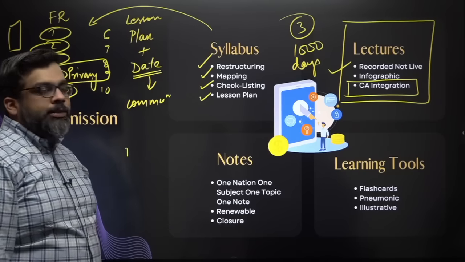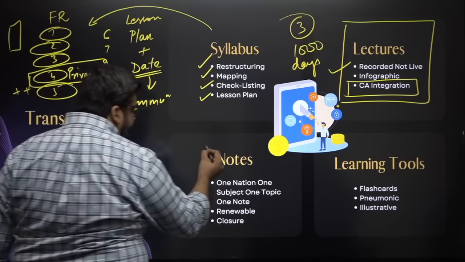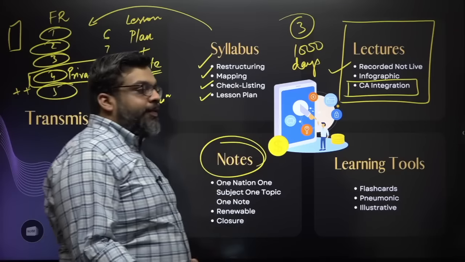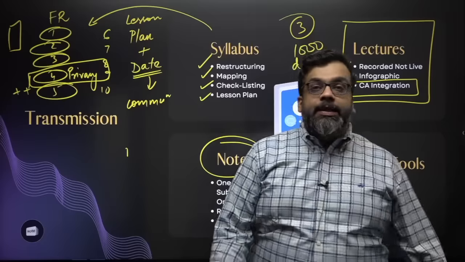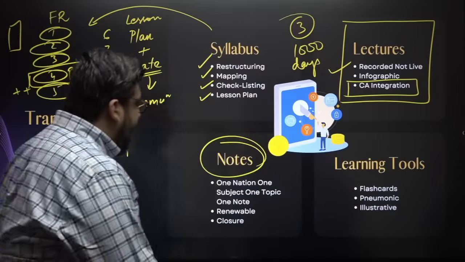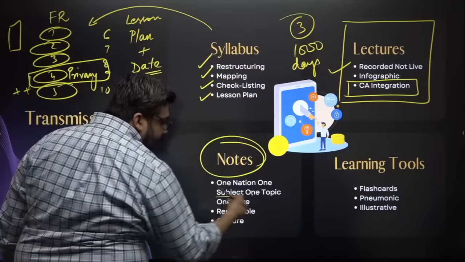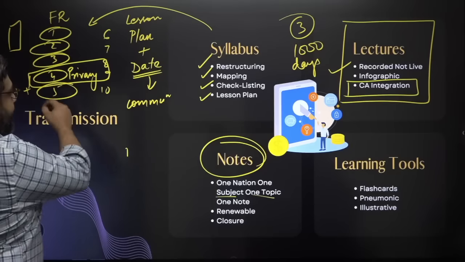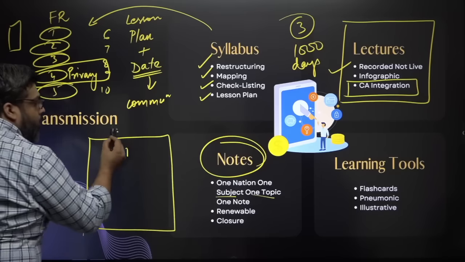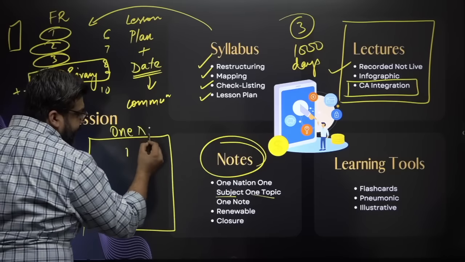Now comes the most crucial part. At the end of the day, it's all about the notes. If we have one nation, one tax, one nation, one market, one nation, one fertilizer, then why can't we have one nation, one subject, one topic? For example, it's privacy. You will always have access to one note on privacy.